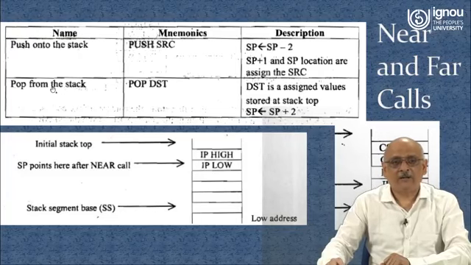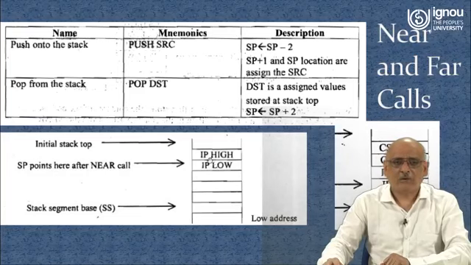Now, the other operation you will be doing is pop destination. You bring that information into some location, so the destination is assigned what is stored at the top of the stack. Suppose I say pop, and my position holds IP high and IP low, so my SP points to this.